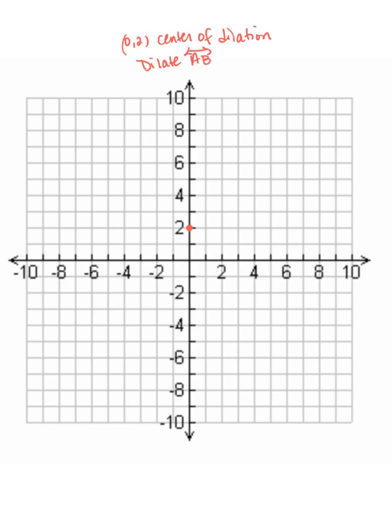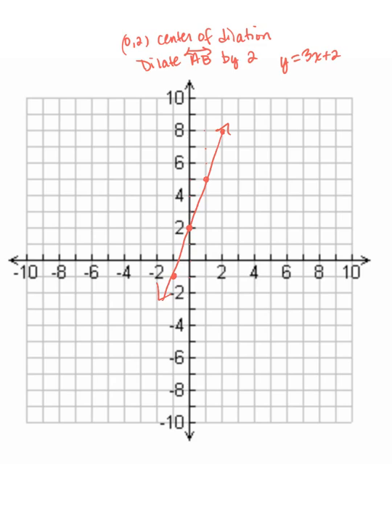Dilate AB by a scale factor of 2, centered at 0, 2. And I have to give you the line. So let's make the line y equals 3x plus 2. Pause the video, graph that line like you did last year.